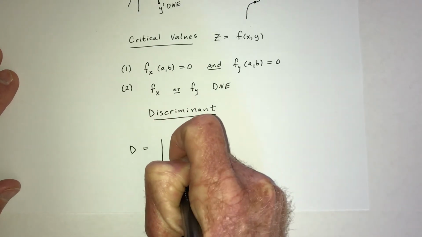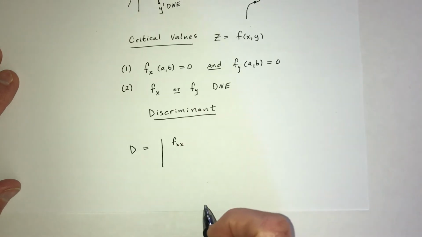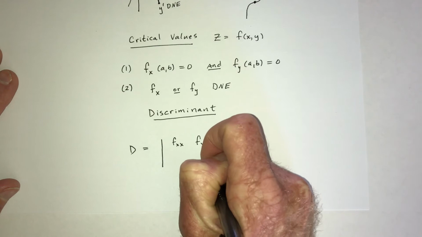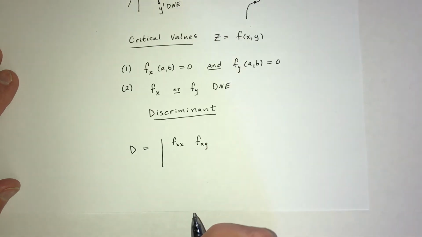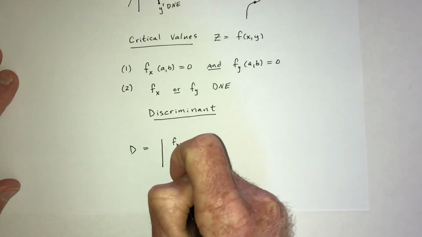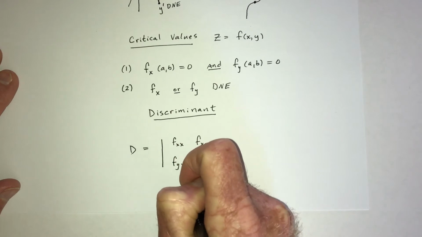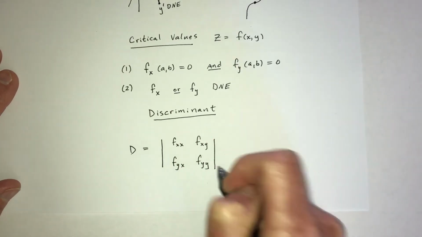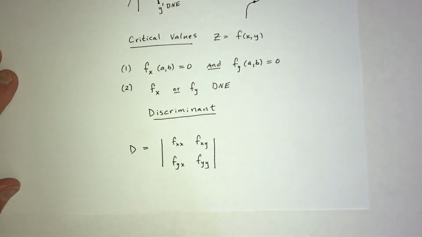You take the second derivative of f with respect to x both times. Then second derivative f with respect to x and then y, and then y and then x, and then y and y. Calculate that little 2x2 determinant.